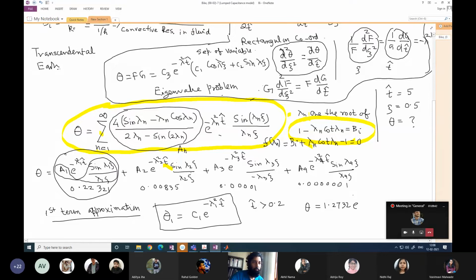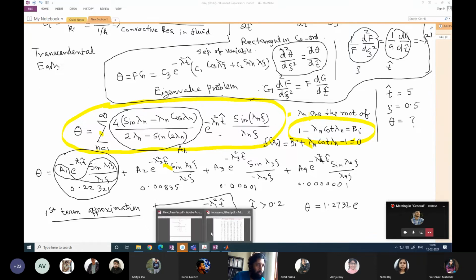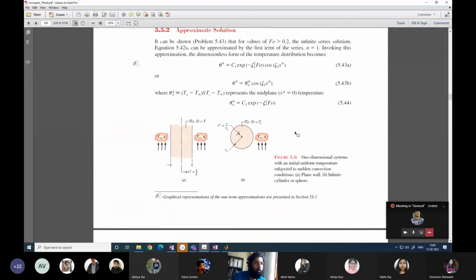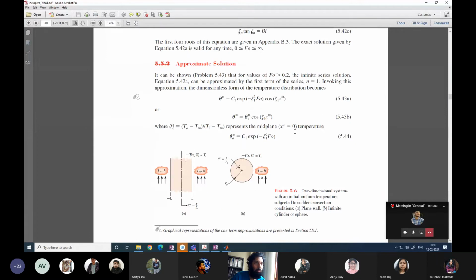E to the power... well, I need this sine. It cannot be packed together, because the sine has zeta in it. That's what you were wondering, why they have packed that. Oh, there's a mid plane.